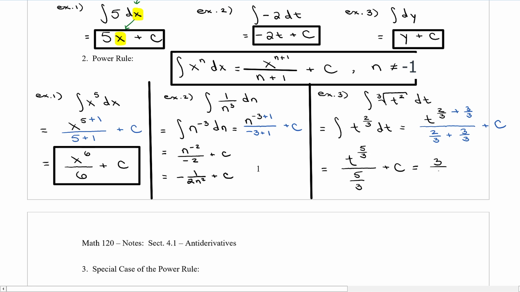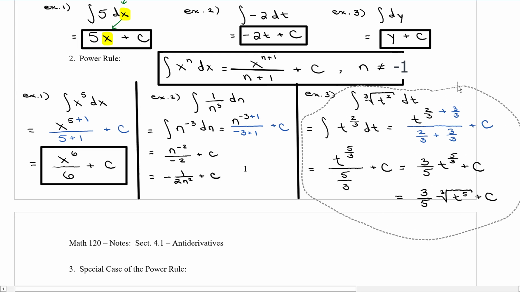And let's simplify this a little bit more. This is going to be equal to 3/5 t raised to the 5/3 power plus c. And if you wanted to rewrite this, we could also rewrite this as 3/5 times the cube root of t raised to the 5th power and then plus c.